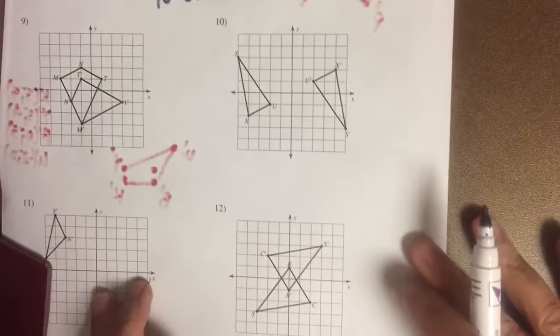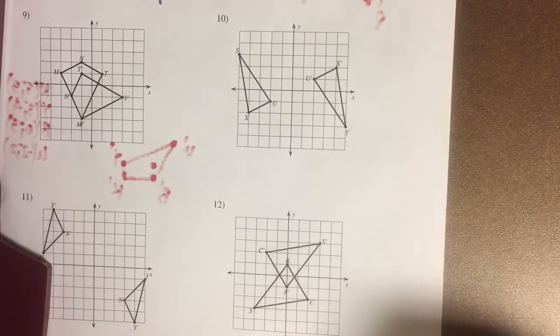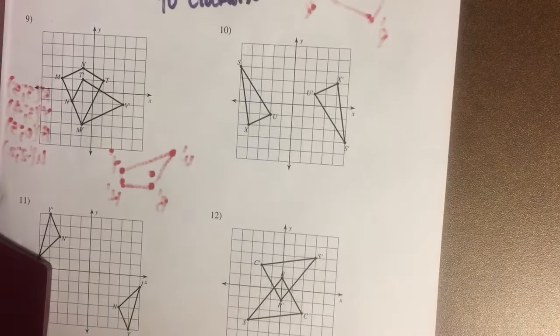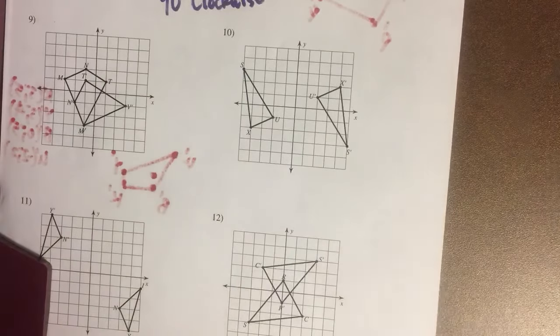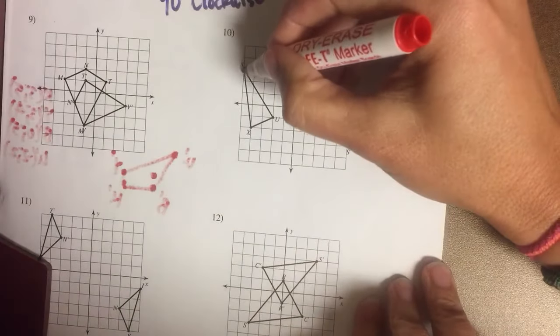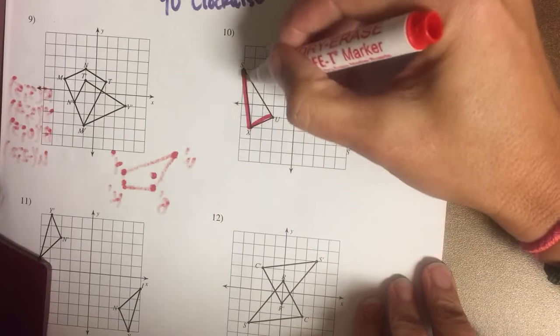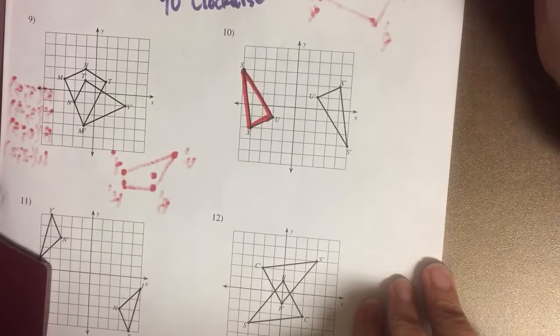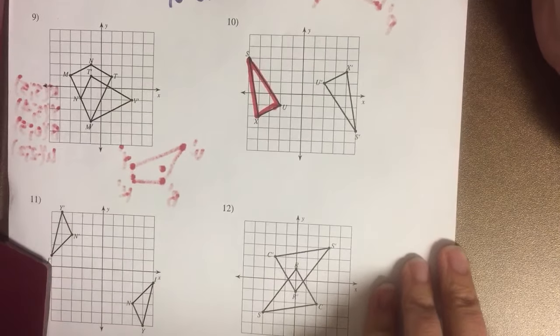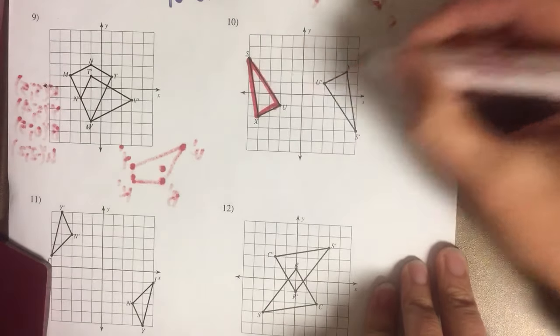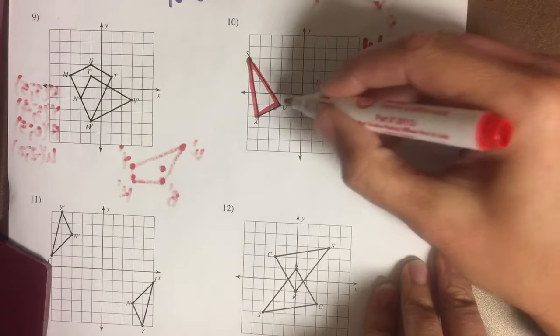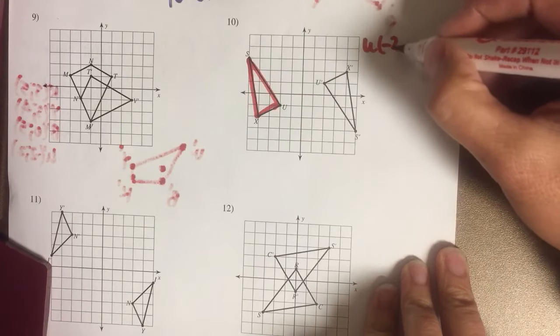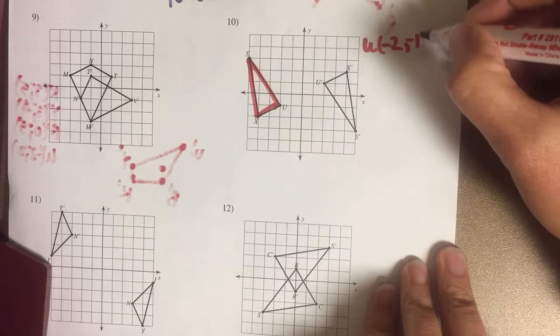So let's look at number 10, and let's try to figure out the rule for number 10. For number 10, my original image is S, X, U. And again, I don't want to pick a 0, I don't want to pick a double, I want to pick something that'll help me out. So let's pick U. U is at -2, -1.